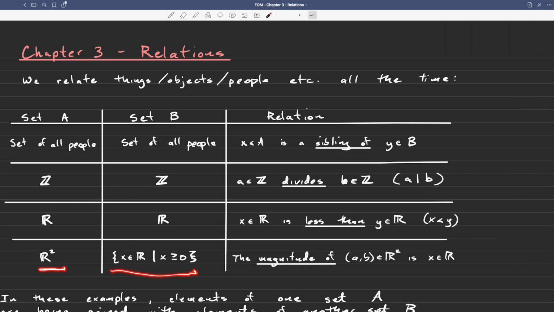And then the relationship between the two kinds of objects is magnitude. So we could say the magnitude of the vector is this real number. So we're relating vectors to real numbers here by assigning to each vector its length, a number we can associate with it in a relation.